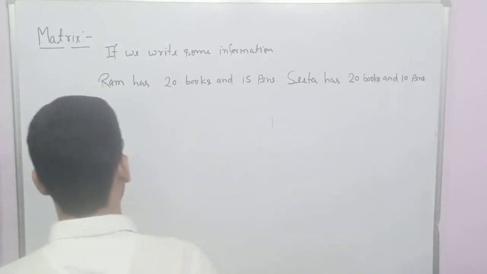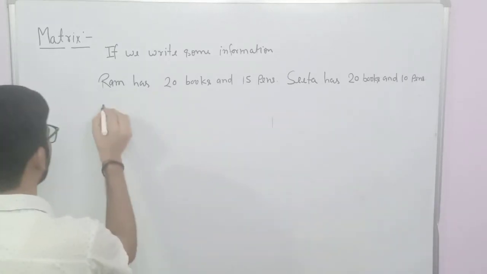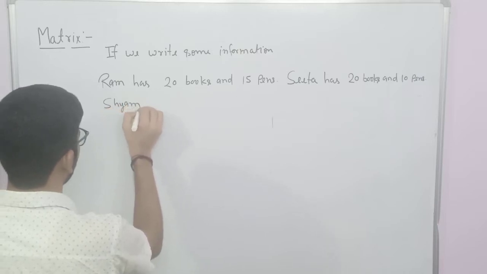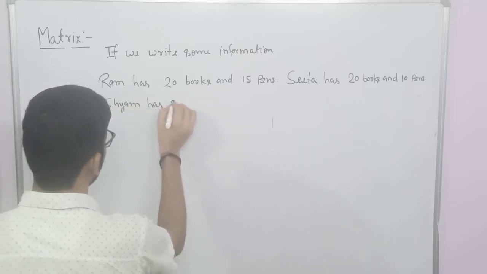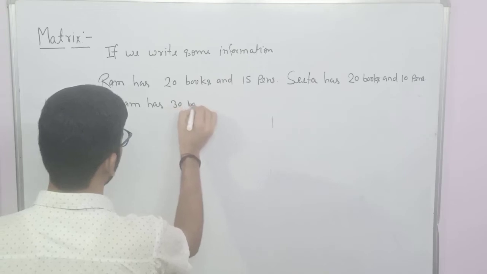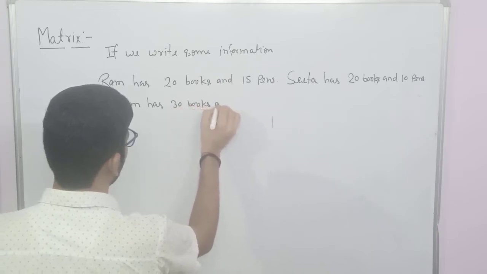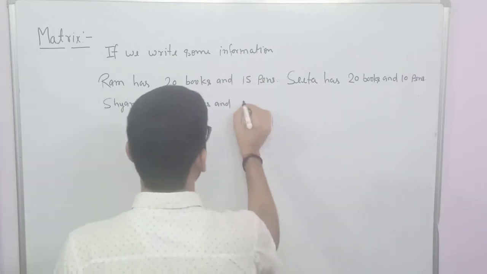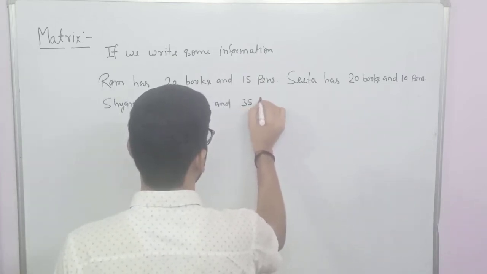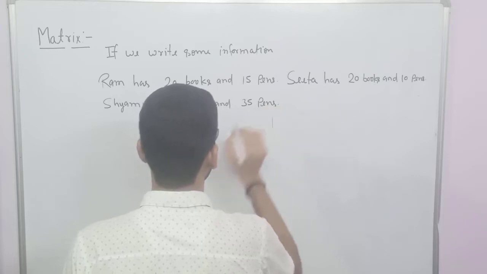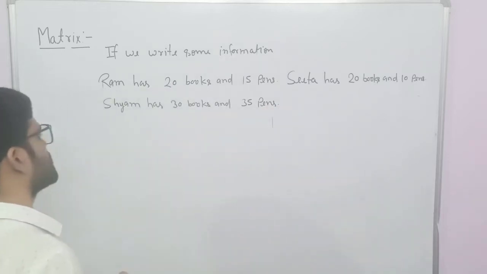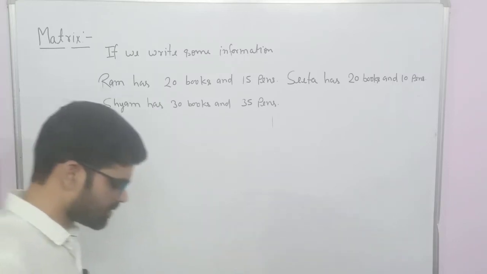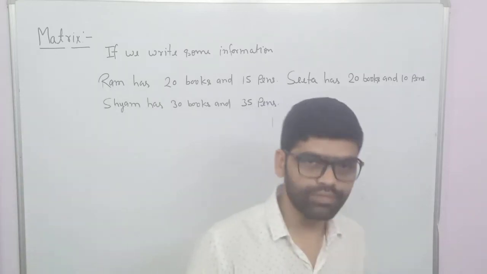And another is Syam, who has 30 books and 35 pens. This is the information given in language form. So we want to write this information in tabular form.